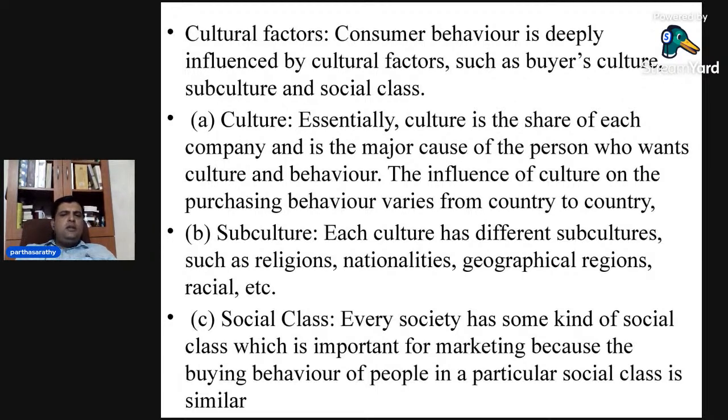Of course, every society has some kind of social class, which is important for marketing because the buying behavior of people in a particular social class is similar. That is why market segmentation is done based on income. Social class refers to the different sections of society.